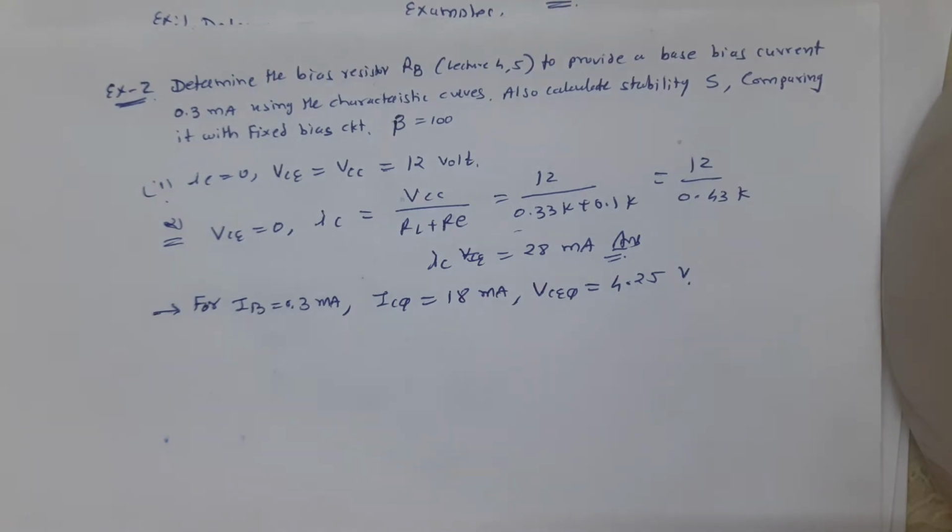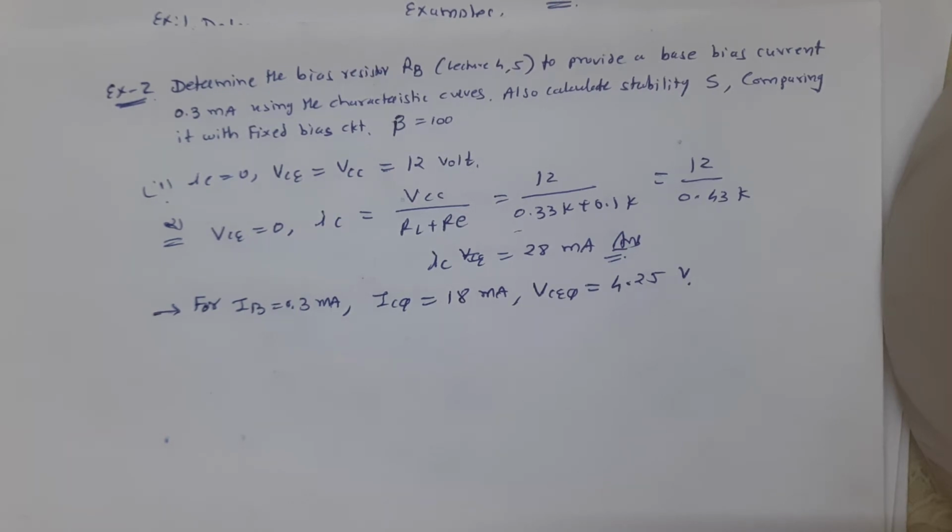Note here that since the DC load line is not as steep now, a bias of 0.3 milliampere no longer provides a Q point in the center of the characteristics, and a lower value would be better, that means 0.25 milliampere or 0.2 milliampere. This is one of the drawbacks of emitter bias.